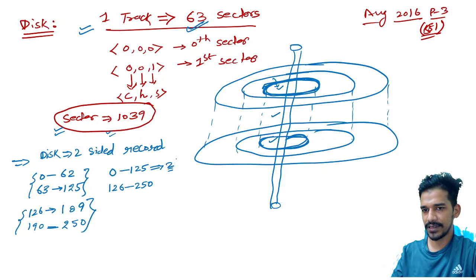There are two surfaces on this platter, the upper surface and the down surface.